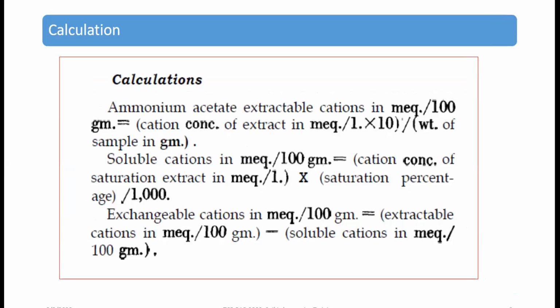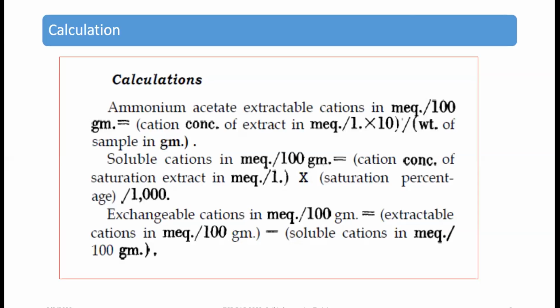And now from this procedure, you get the cation extractable by ammonium acetate. So for exchangeable cation, you have to subtract the soluble cation from the extractable cation.